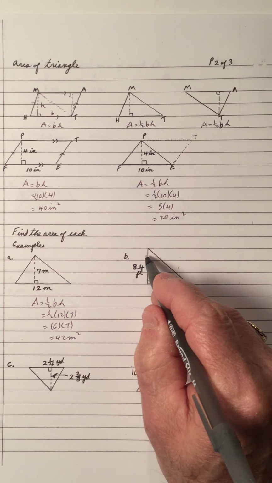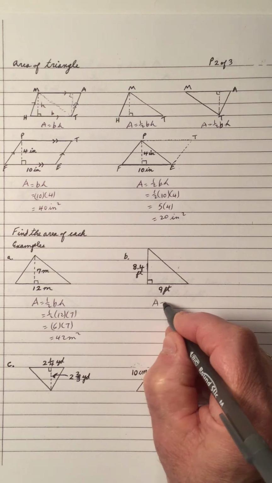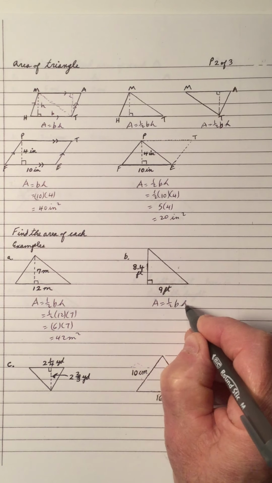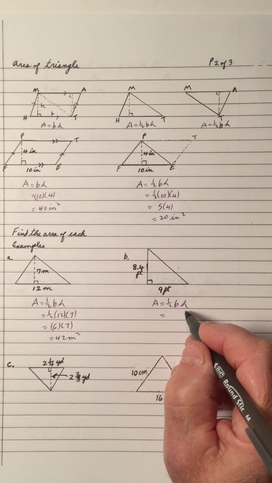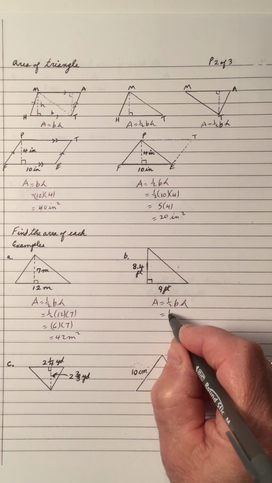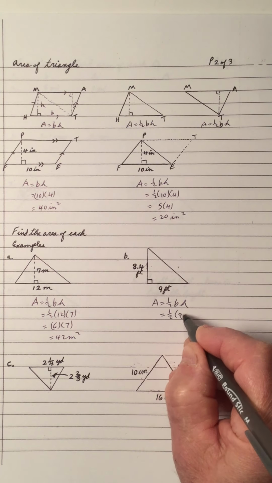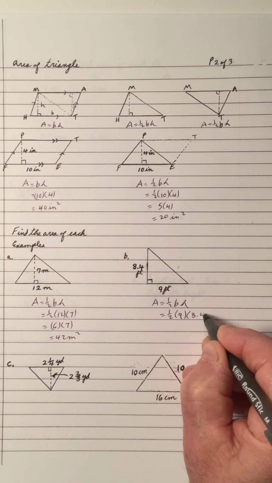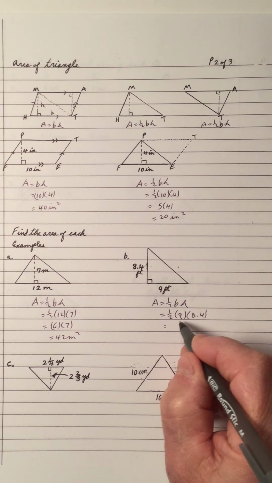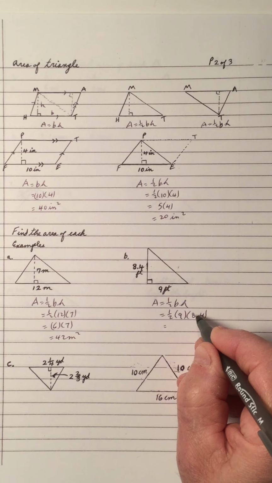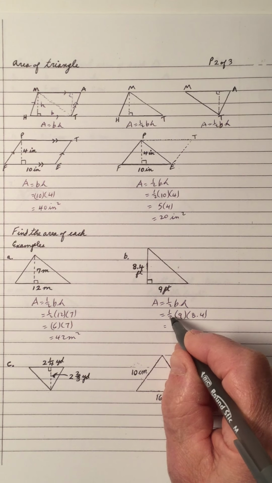We have another triangle, and the formula is half the base times the height. Notice I always write down my formula and then I sub in. The base is 9 and the height is 8.4. And when you multiply all that out, if you want, you can take a half of 8.4 or use a calculator.